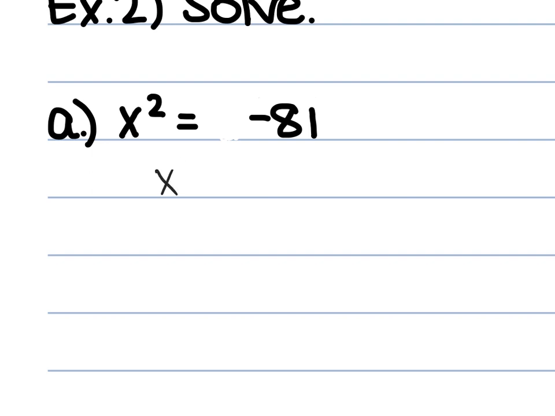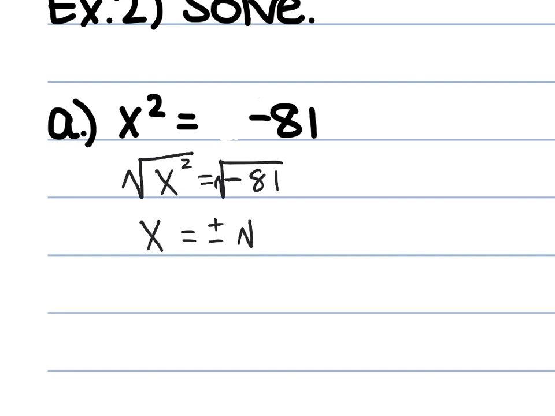So x squared is equal to negative 81. Okay, let's talk about what we do. It's not any different than what we've always done, except we're going to know how to deal with something at the end. Let's take the square root of both sides. Now, since I introduced the square root to both sides, what do I need? Good. x is equal to plus or minus the square root of negative 81.